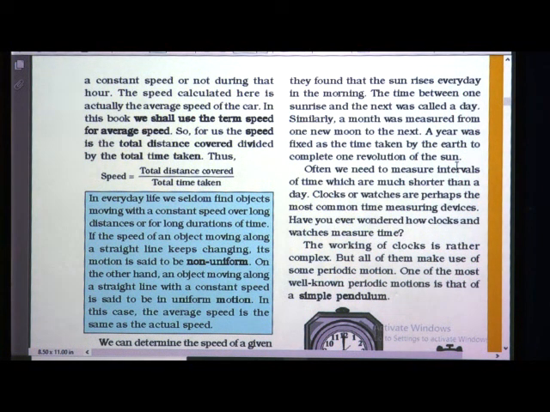Some scientists discovered how the earth revolves around the sun, and after this research a year was fixed.